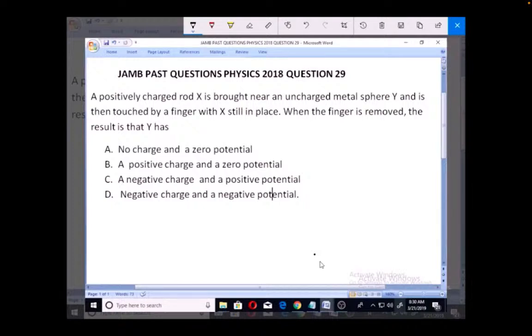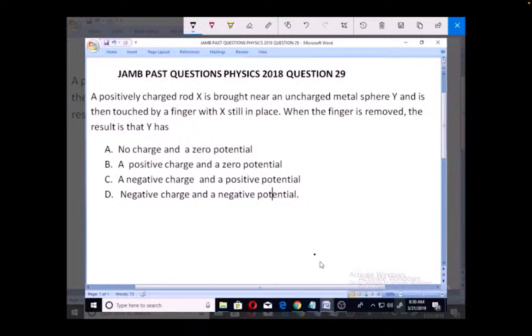Before we can appreciate this question effectively, we need to understand what is called electrostatic induction, or charging via electrostatic induction, or charging via physical touching.